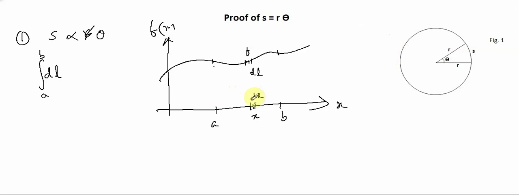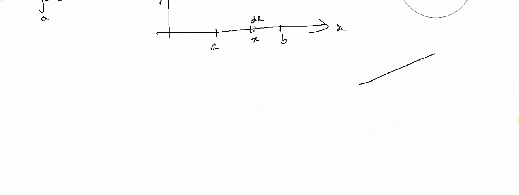So corresponding to this dx, we have a small curved length dl, and let me blow this part up. So this is the dl, and down somewhere is our x-axis, and this is dx.